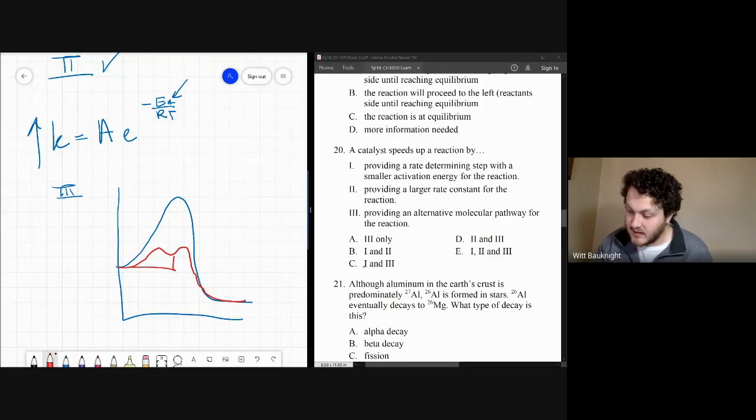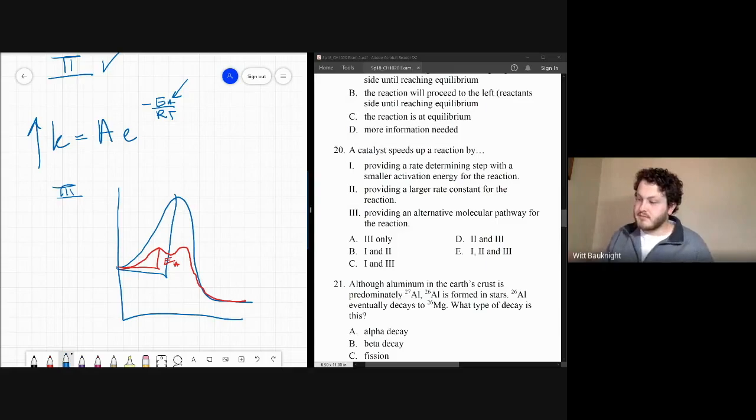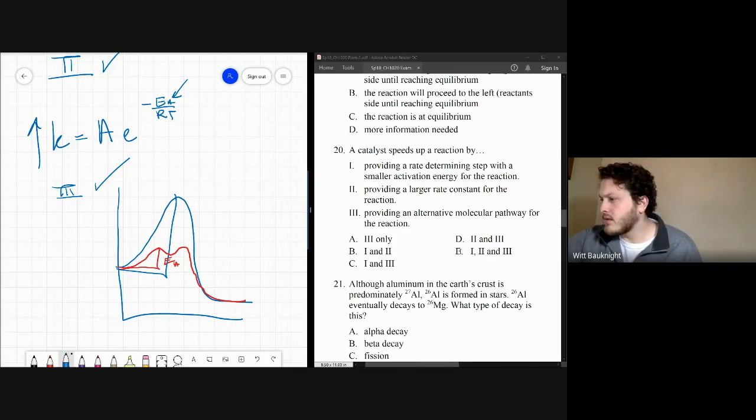So this activation energy, I'm going to put it right here, is much smaller than that large activation energy. So statement number 3, well, let's see, it's a different path because we haven't hit the same transition states. So therefore, statement number 3 is correct, and 1, 2, and 3 are correct, so we're going to select answer E. Let's double check to make sure.